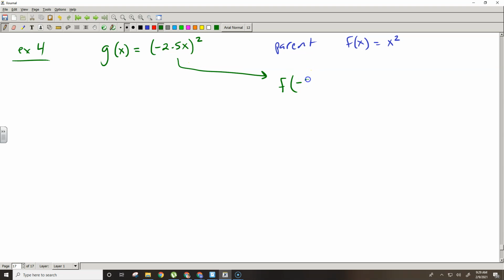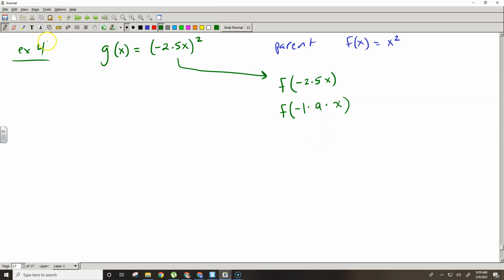So -2.5x, just like that. We could think of it as a composition right there. So really, if we break that down, then we can think of this as f of -1, that negative is going to be there, and then times some a value and times some x value.